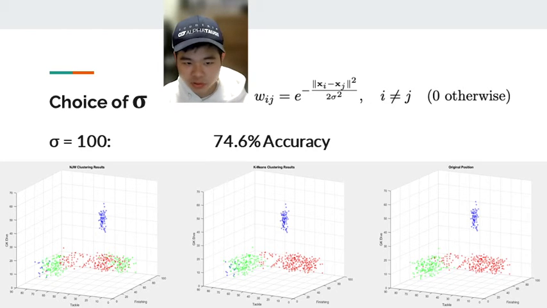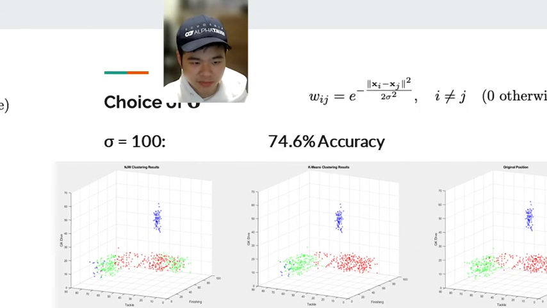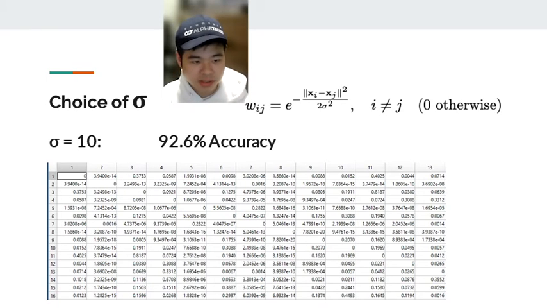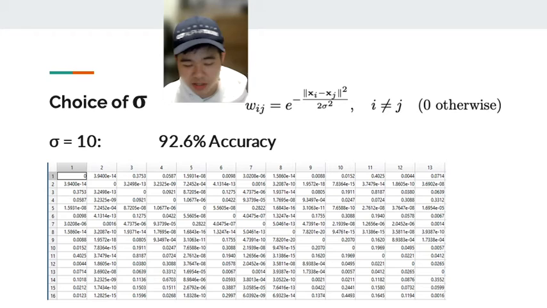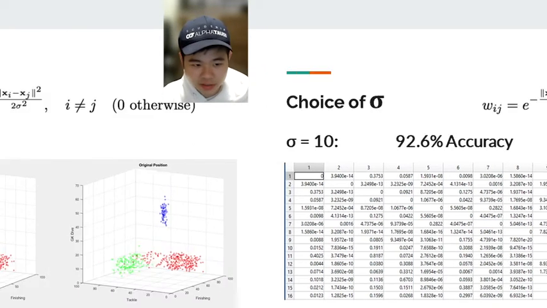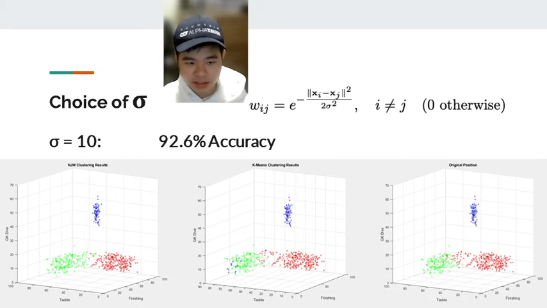But we are then able to improve accuracy by picking an alternative sigma value. We then chose sigma equals 10 to scale the similarity matrix in a different way. We then obtain a similarity matrix with more significant differences between different entries. And as a result, we have achieved 92.6% accuracy with the exact same algorithm.